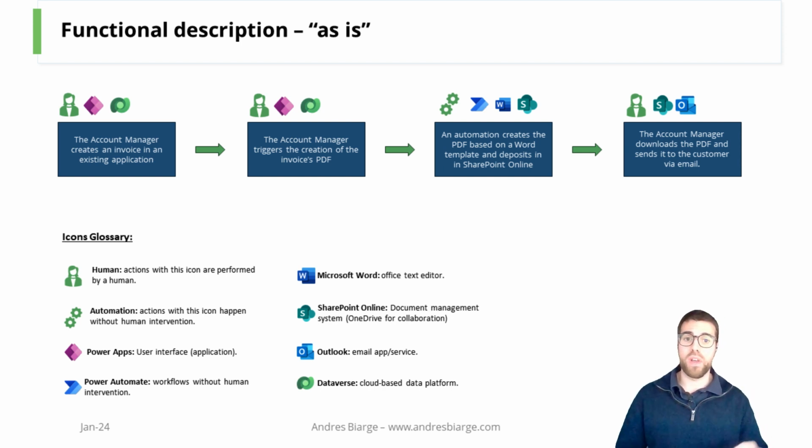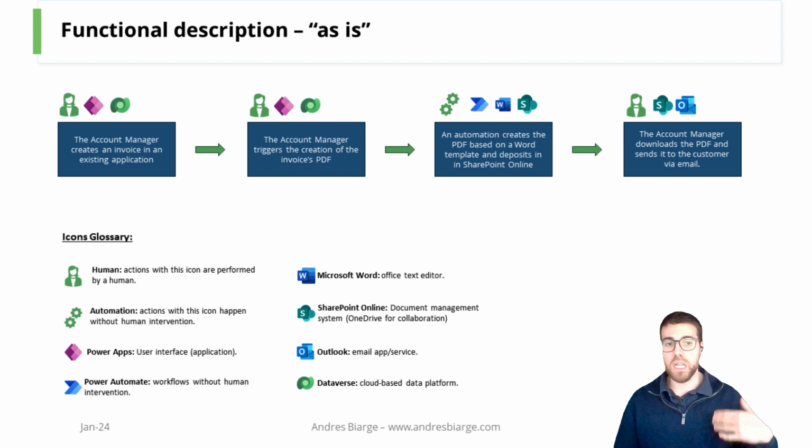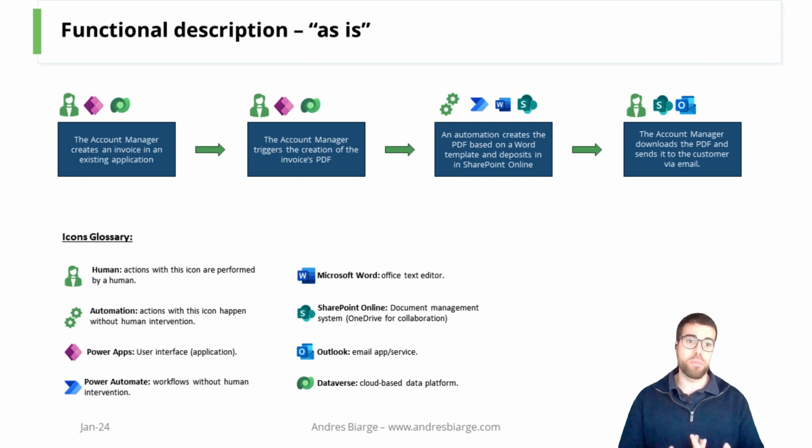Then we identify in the current situation that the first steps take place via an application, a user interface made with Power Apps, and that the automation is made with Power Automate, uses this Word template, this Microsoft Word icon, and the PDF is placed in SharePoint, so here's the SharePoint icon. And then the last step is the SharePoint icon again, because we have to download the PDF, and the Outlook icon representing sending the email to the customer.